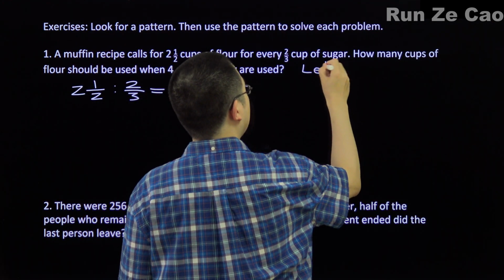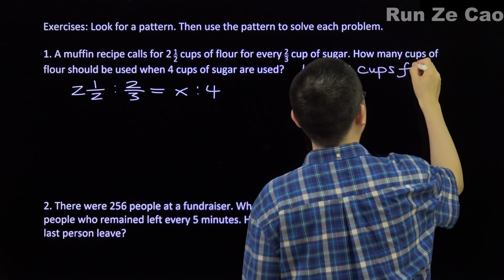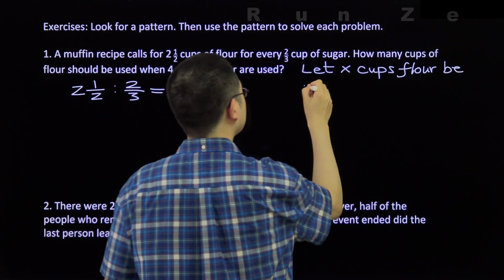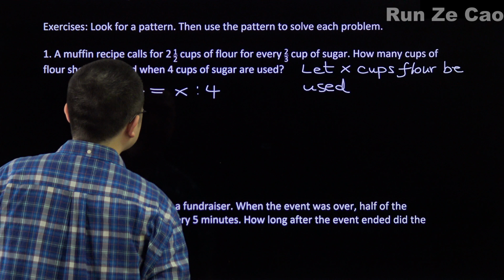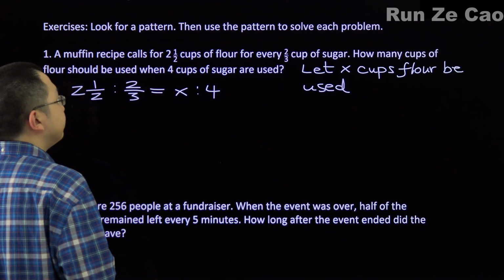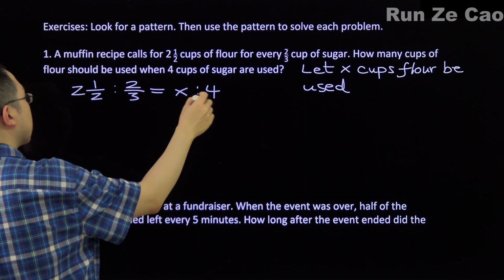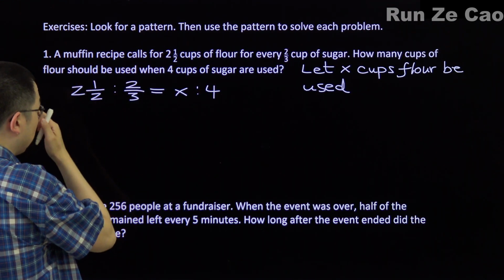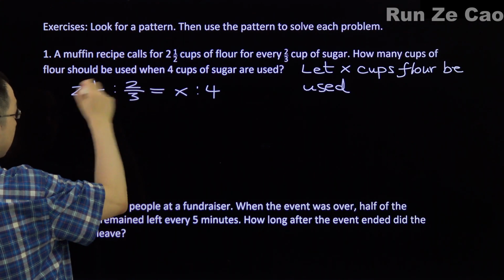Let x cups flour be used. Okay? So, this you can cross multiply. Because what this ratio means is that this is a bigger fraction.